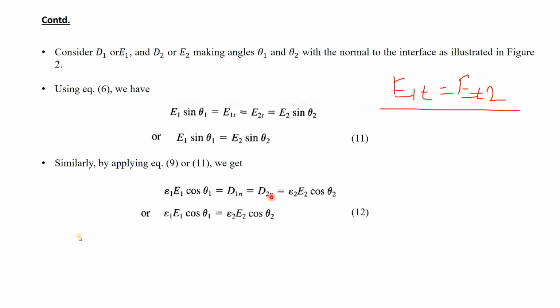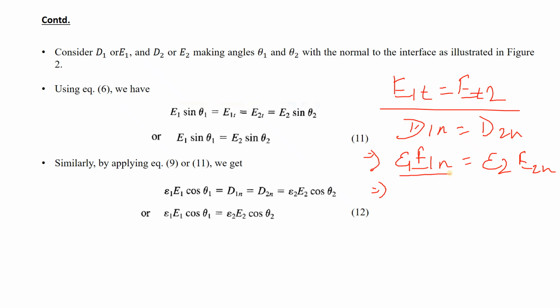Now the normal component of D is equal, so D1n equals D2n. D1n means epsilon 1 E1n equals epsilon 2 E2n.